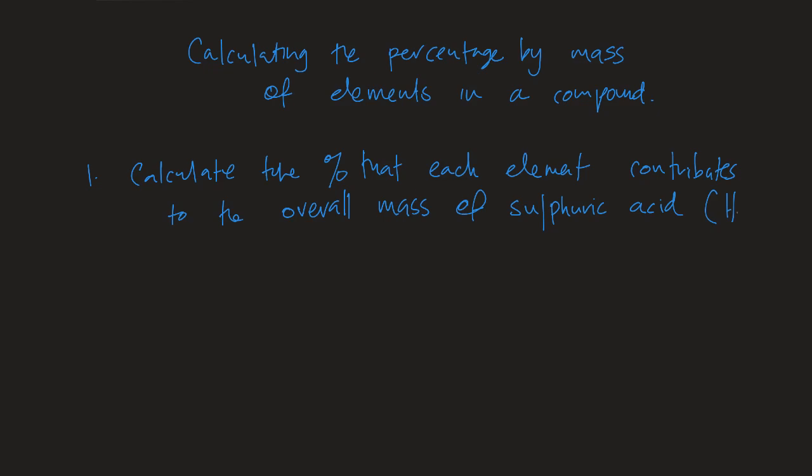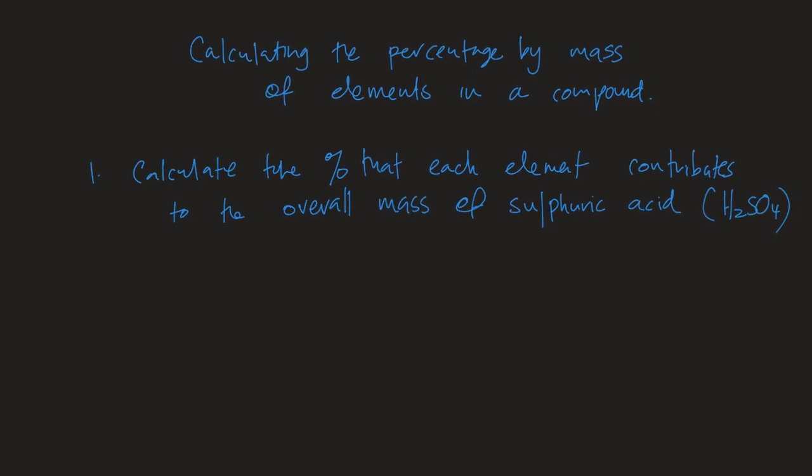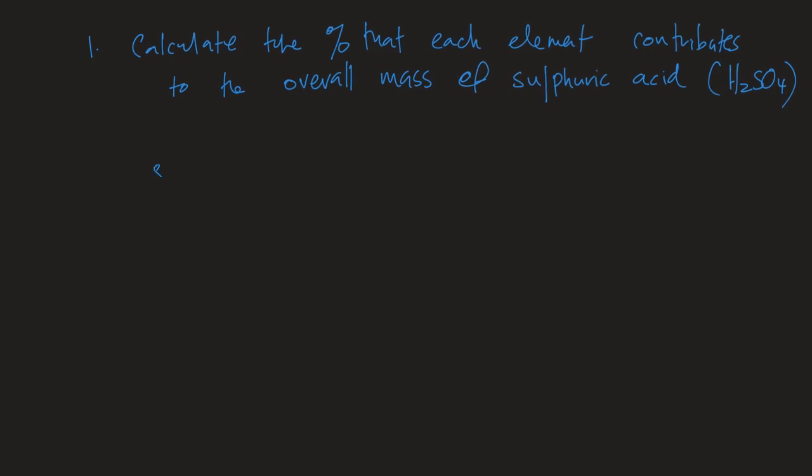And that's H2SO4. Okay. So the first thing you need to do, there are steps. Step number 1: you need to calculate the molar mass. Hydrogen, there is 2 times 1, which means there's 2 grams per mole.